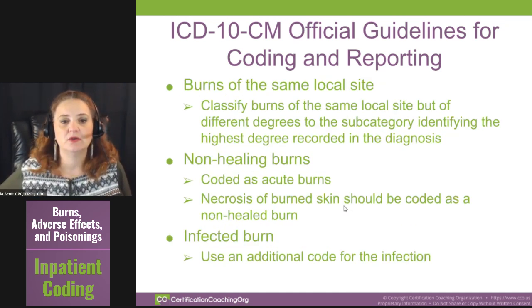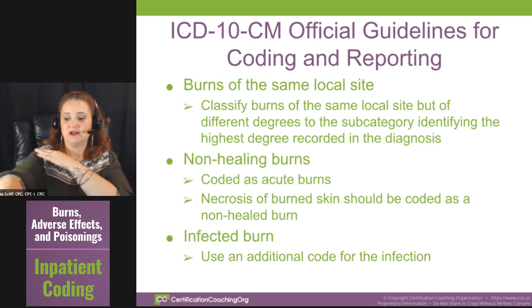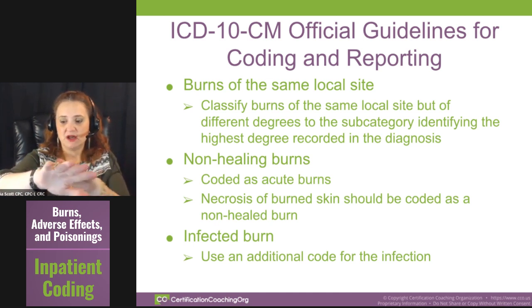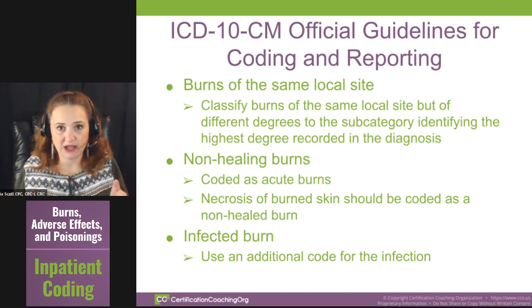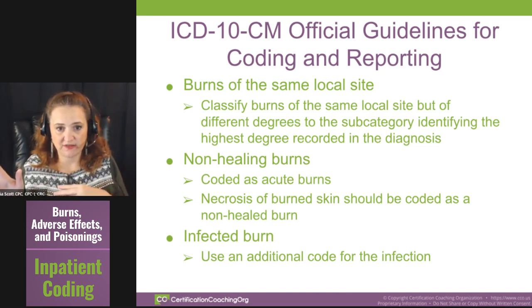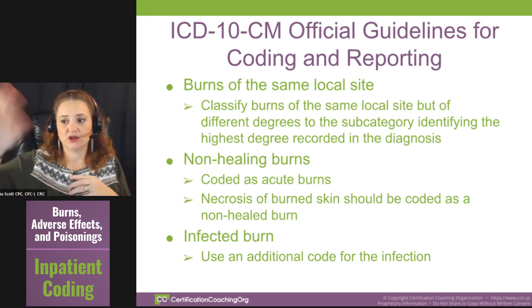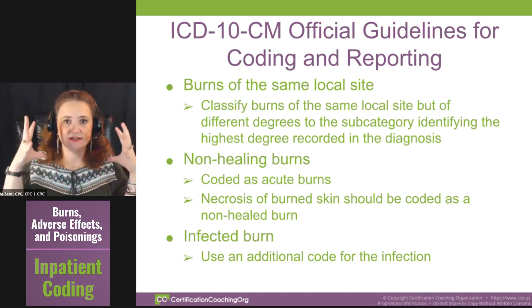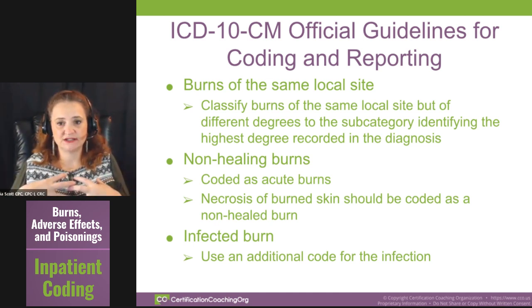Okay. You can have burns of the same local site if you have burns of an extremity. So let's say this is my right hand and I have burns of my right extremity. And when you do rules of nines, when you take time to go look at that, if you don't already know it, then extremities are, this is 9, this is 9, your head's 9, your chest, et cetera.